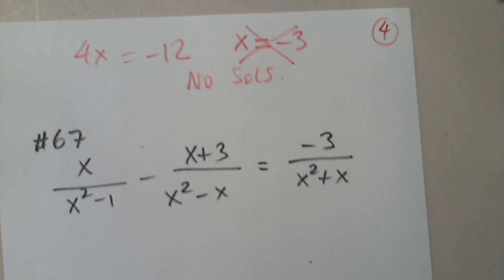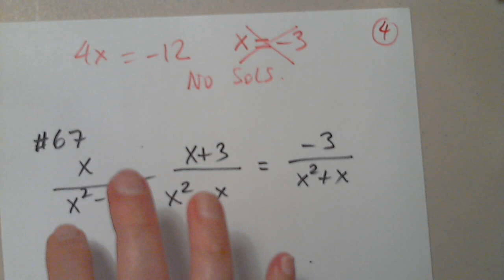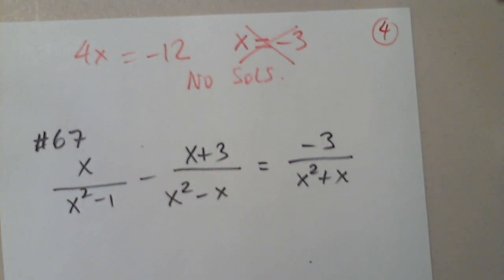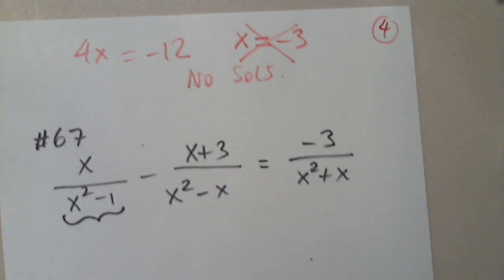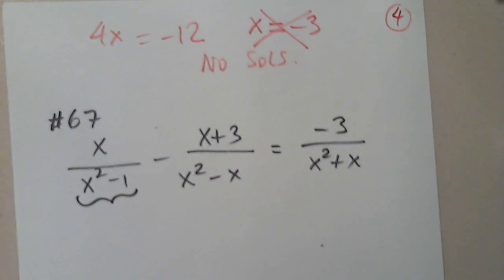Awesome. Now, why I say that this is a more interesting problem is because we have to work on each denominator first. That's our first step. So, can anyone tell us what needs to be done to x squared minus 1?